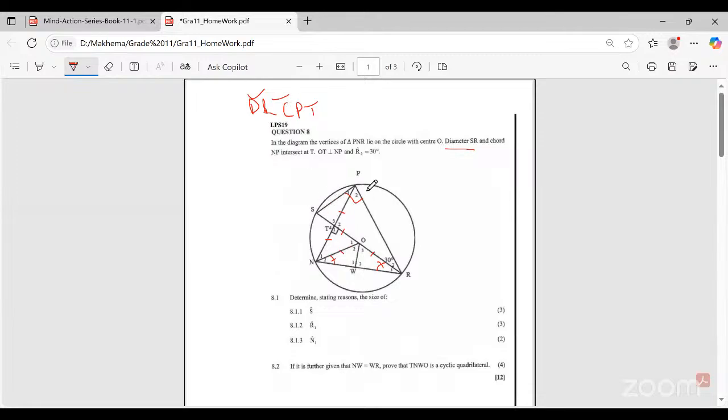Then the cyclic quad. There is no cyclic quad, but I think we can extract from this diagram angles in the same segment, or angles subtended by the same arc, which is this one here. This is going to help us a lot because now we can see that angle S is equal to angle N as a whole, and this angle here is equal to that angle right there.